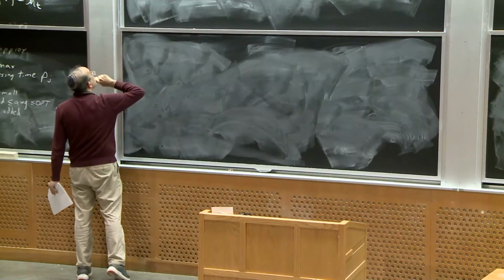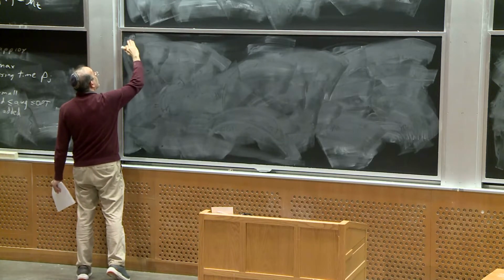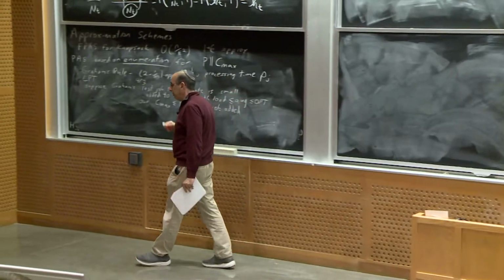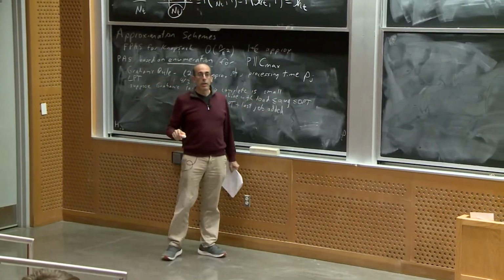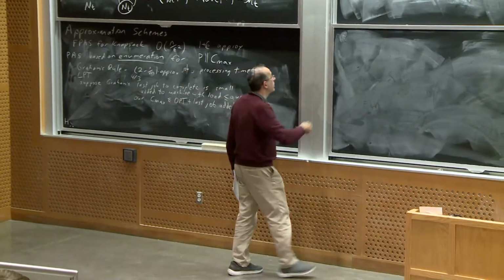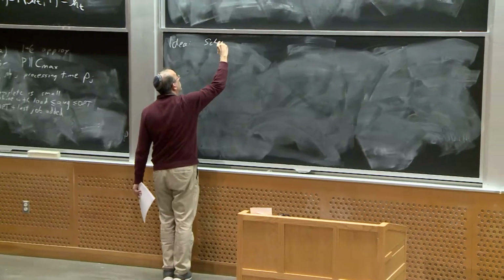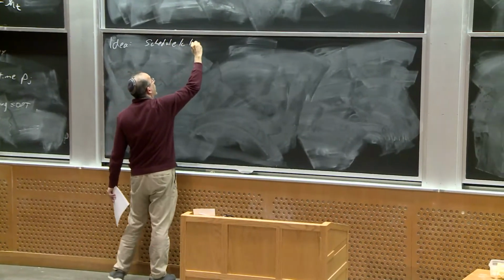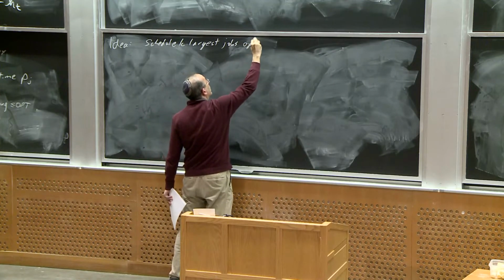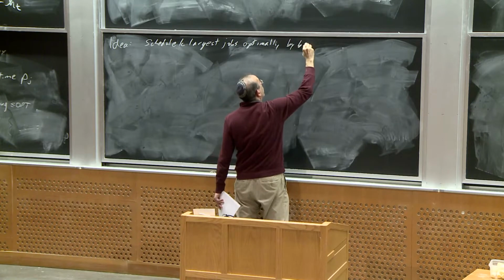So for our next step, let's think about that. If we want to schedule the big jobs, and we want to make sure that we're doing well, why don't we just use brute force? Okay. So the first idea we're going to look at is to schedule the k largest jobs optimally by brute force enumeration.